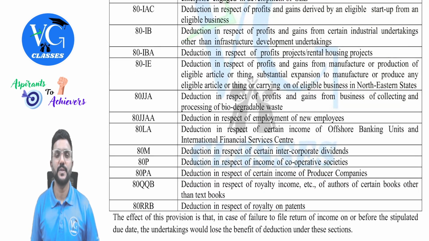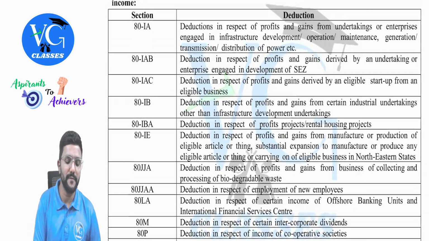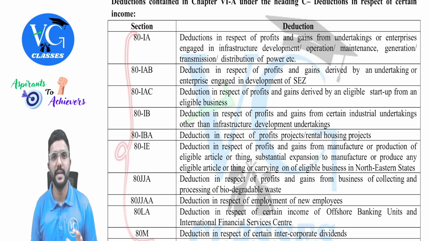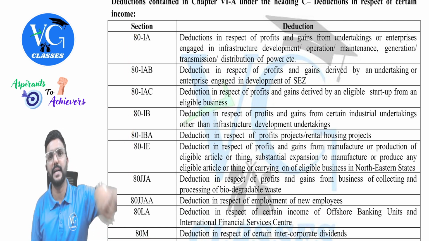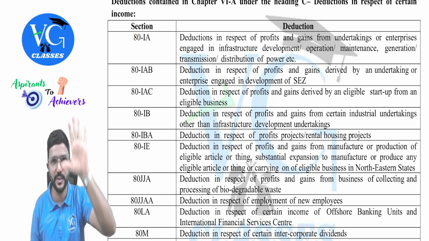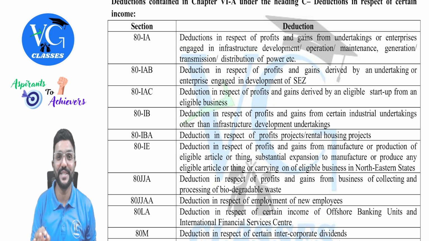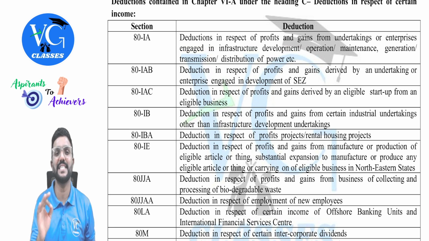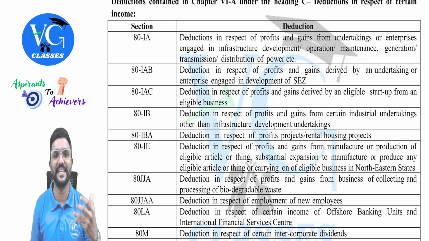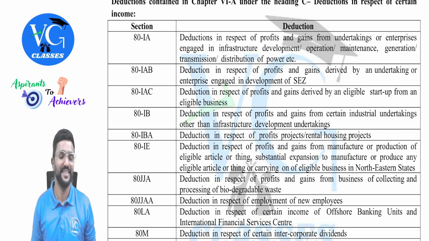Okay. So if the assessee wants to claim any of these deductions, guys, then first include the income under the respective head while computing gross total income and then go and claim deductions. And the deduction will be allowed only if the assessee is filing the return within the due date. Sir, what if the assessee is filing a belated return, that is, after the due date? In that case, heading C deductions will not be allowed. Even though the assessee is eligible, he cannot claim it.